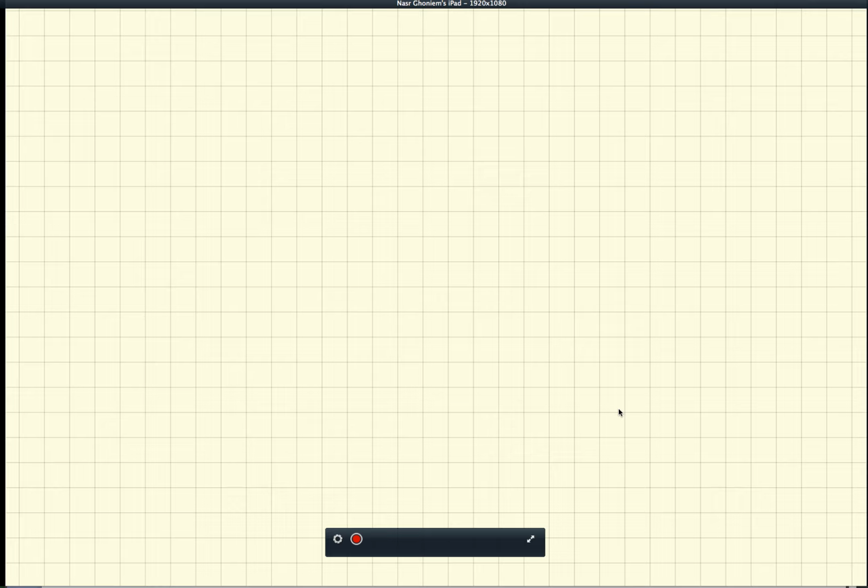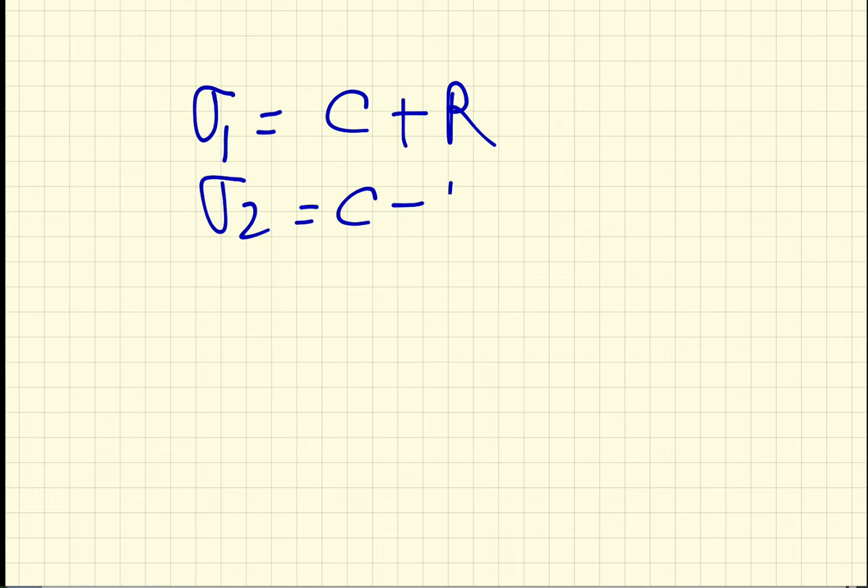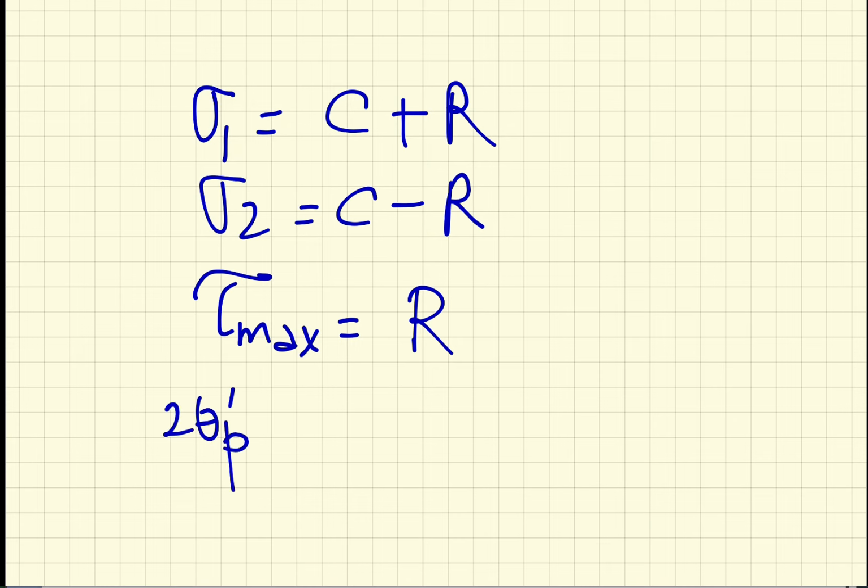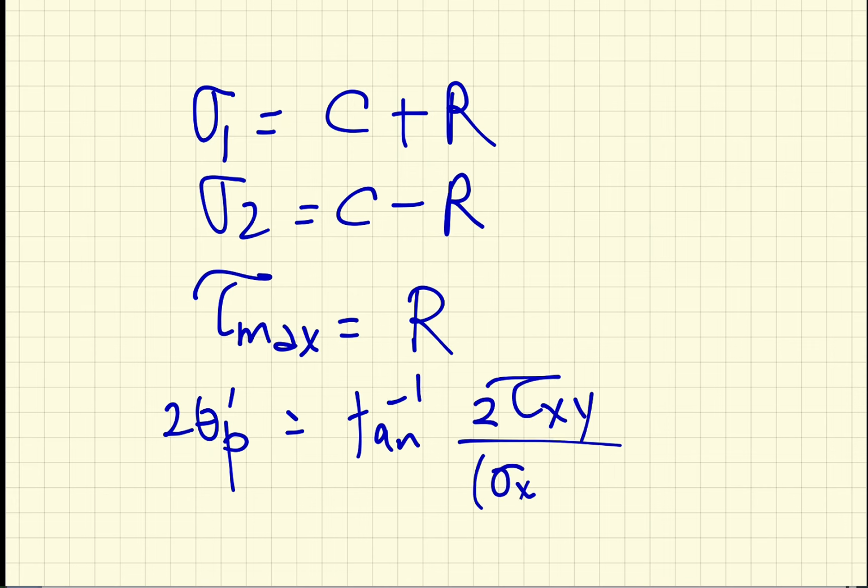So we have now summarized here, sigma 1 will be equal to C plus R, sigma 2 will be equal to C minus R. These are the 2 principal stresses, and tau max, the maximum shear, is the radius of the circle, R, and 2 theta p is tan inverse of tau xy times 2 over sigma x minus sigma y.